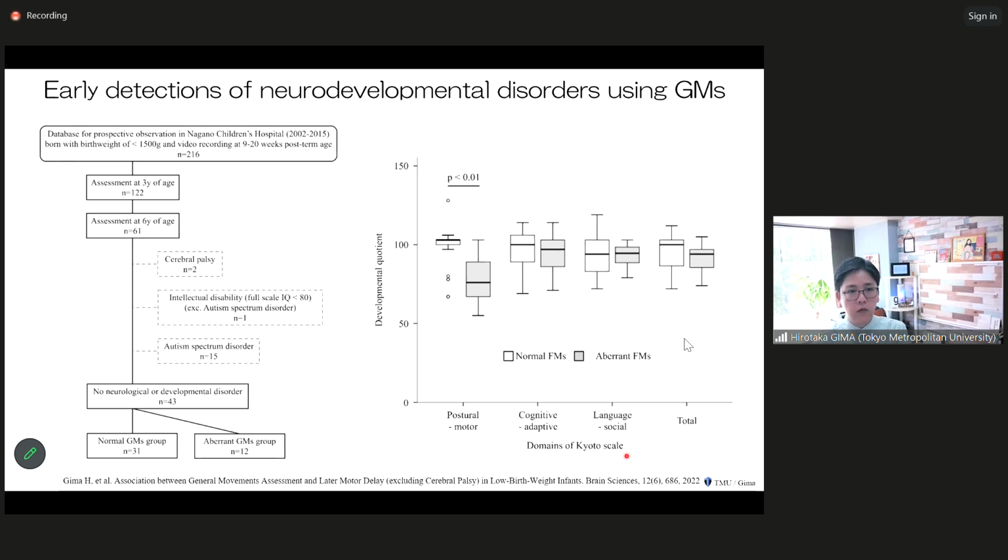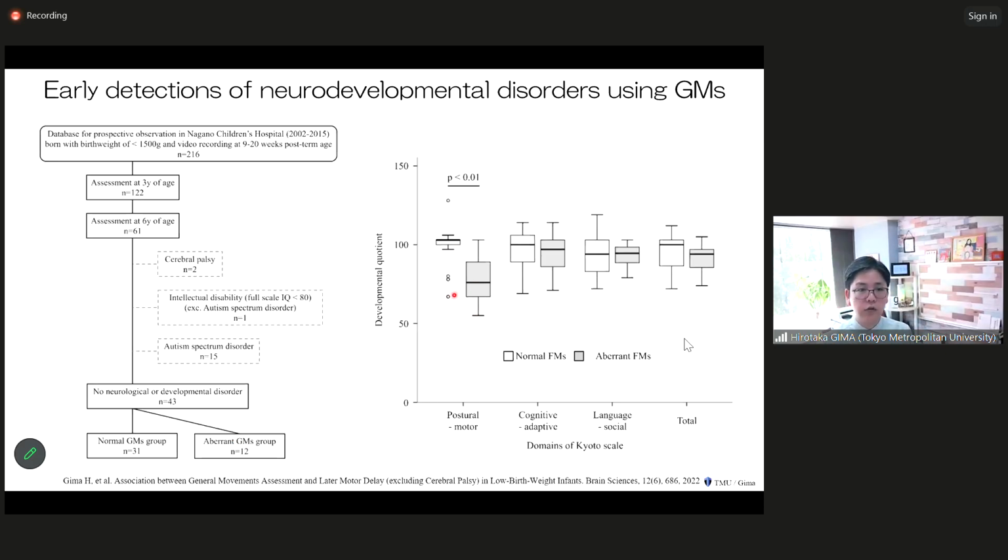Our data on low birth weight infants has also provided some interesting findings. In this study, we examined the motor development of 43 typically developing children who had no diagnosis of cerebral palsy or developmental disorder at the age of 6, including 31 children who had no qualitative abnormality in their fidgety movements in early infancy, and 12 children who did have such abnormalities.